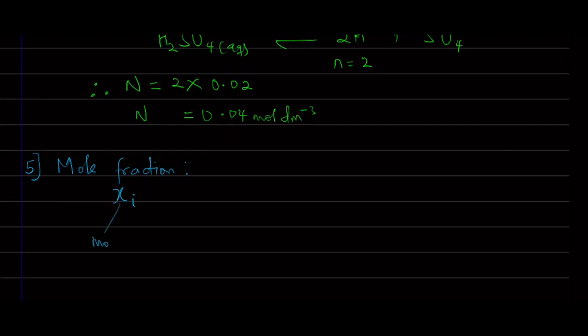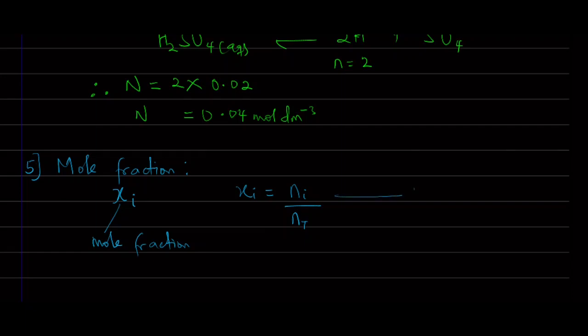So whenever we see x, it simply means mole fraction. i represents the particular component I'm talking about. So xi, that's the mole fraction of component i, is defined as the number of moles of component i over the total number of moles of all the components that we have in the solution.